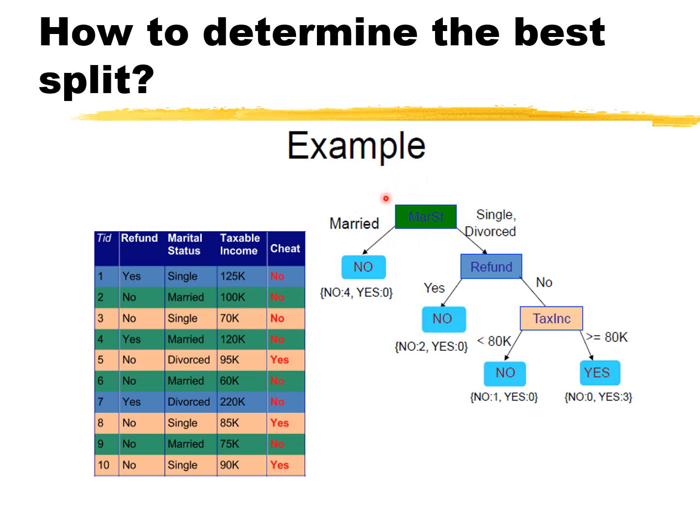In this case, we started by marital status, and based on that, we identified, because here we only allow binary trees, married, okay, and then for the single divorced criteria, we will be focusing only on the single and divorced tuples, and in this case we were able to find that single divorced along with the refund will allow us to classify part of the data.